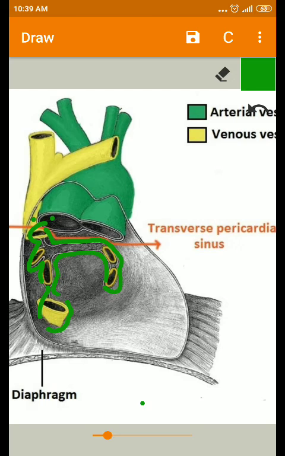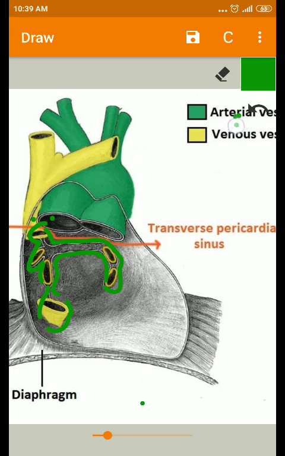The arterial tube encloses the aorta and the pulmonary trunk, and is also called the arterial end of the heart tube. The venous tube encloses the vena cava, that is the superior vena cava and the inferior vena cava, and also the terminal parts of the pulmonary veins. This forms the venous end of the heart tube.